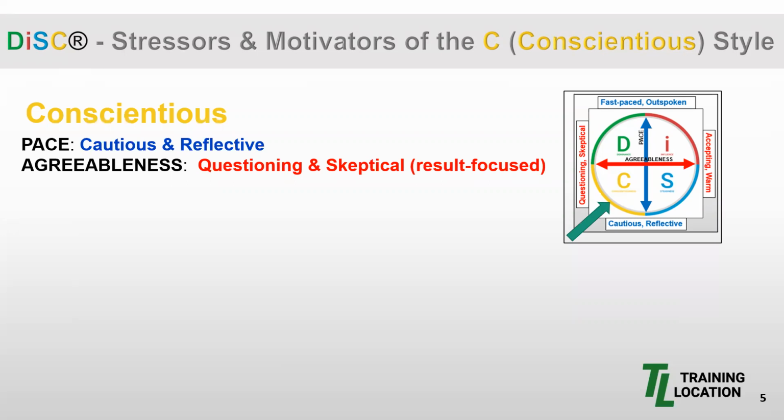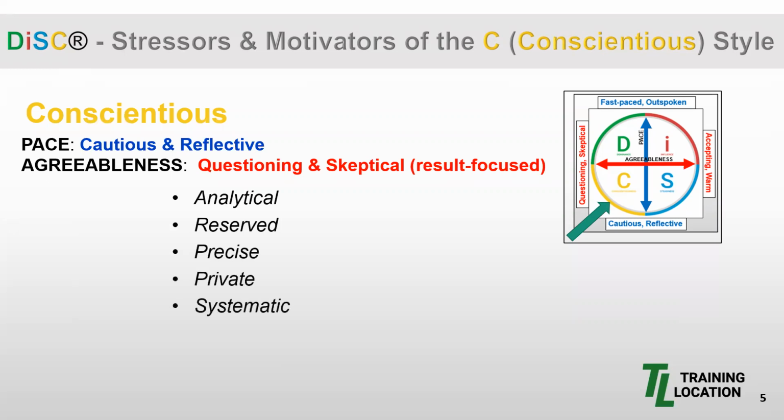So there's pace, cautious and reflective, and agreeableness of questioning and skeptical, otherwise known as result focused. Now let's see more descriptors which broaden our understanding of the conscientious style. They include analytical, reserved, precise, private, and systematic.